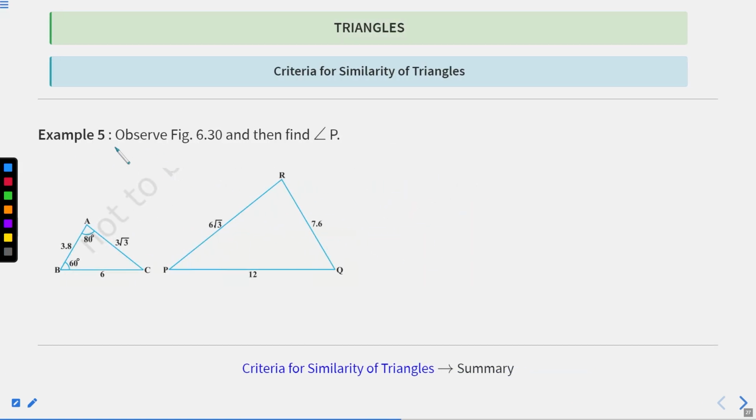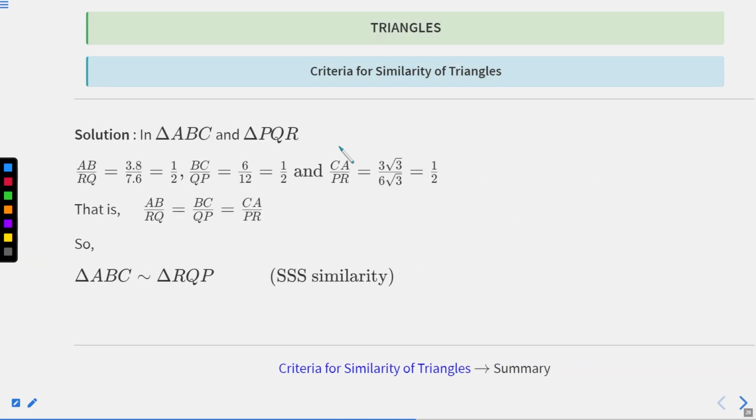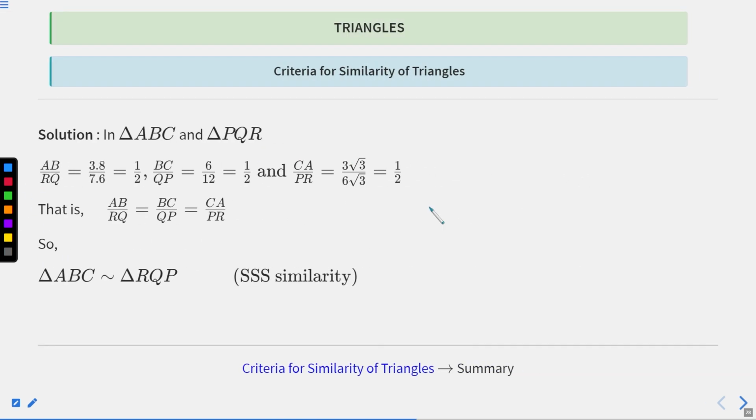In the next example, we have Figure 6.30, and we have to find angle P. We are given the lengths of the sides of the triangles, and angle A is equal to 80 degrees, angle B is equal to 60 degrees. Here we use the theorem that we studied in our previous slide.